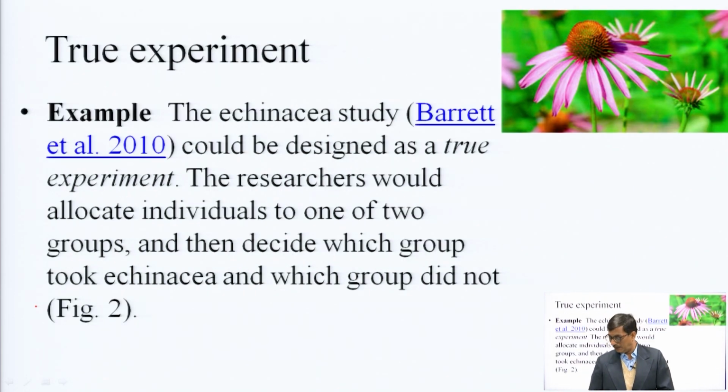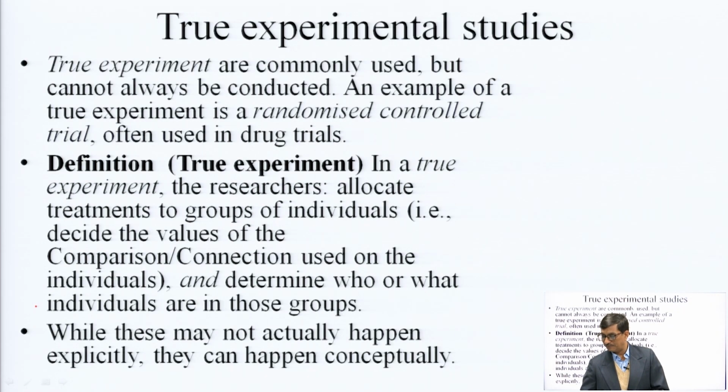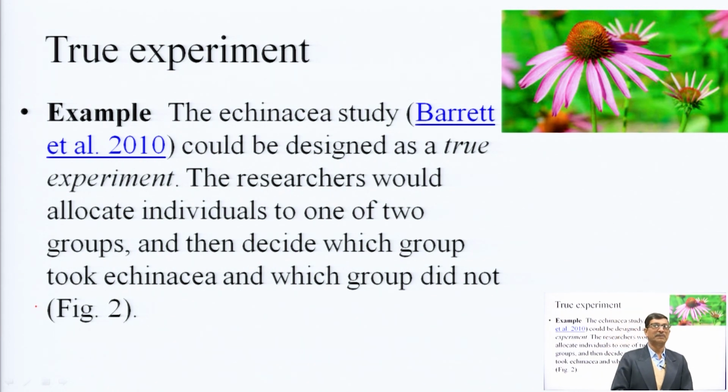If we take an example of a true experiment, this is the Echinacea study. The Barrett et al. study could be designed as a true experiment. The researcher would allocate individuals to one of two groups and then decide which group took Echinacea and which group did not.